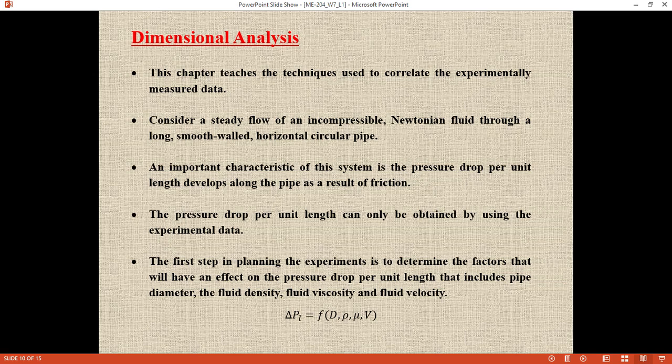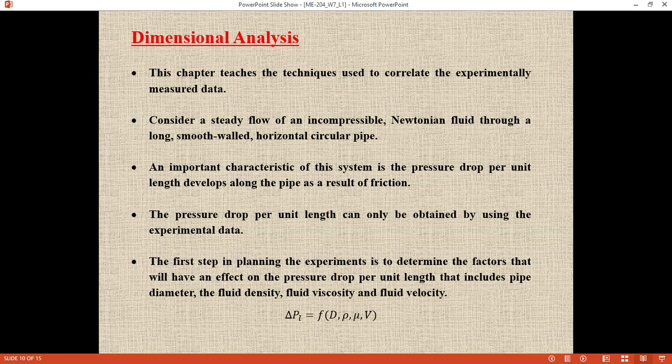Or if you have developed a car moving with a particular velocity, what would be the drag force offered by the air to the car? And if you have developed a submarine moving underwater with a particular velocity, what would be the drag force offered by the water to the submarine?